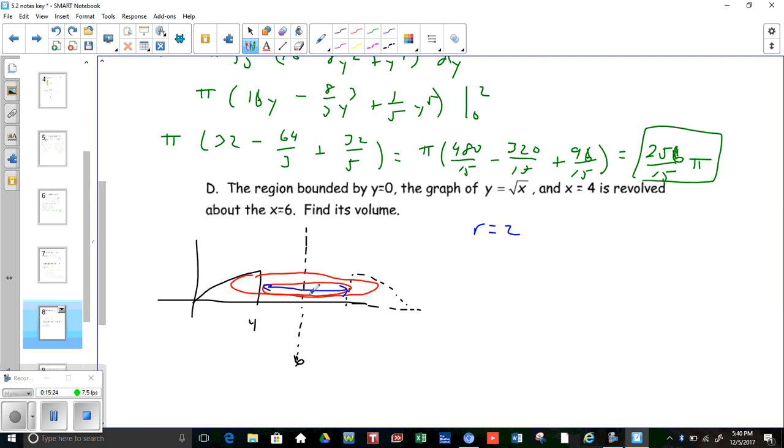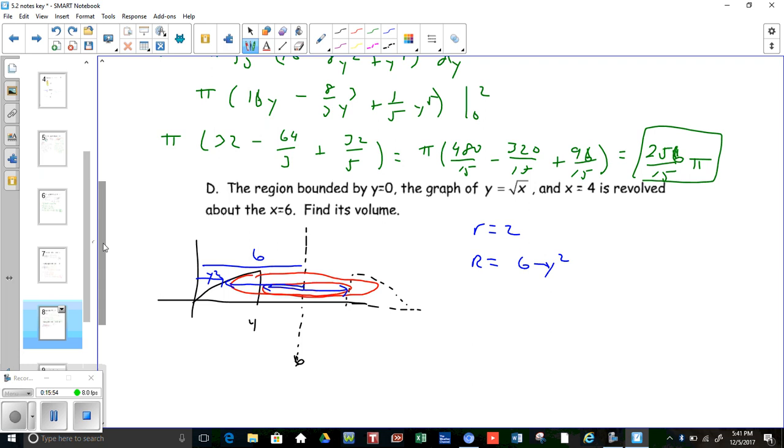The outside radius goes from here all the way out to here. But remember, the function is defined from here to here. So the total distance from here to here is 6. This is the function, y squared. So this outer radius here is going to be the difference between 6 and y squared. So the big radius here is 6 minus y squared.